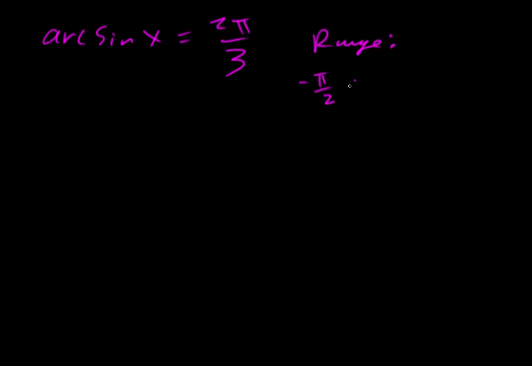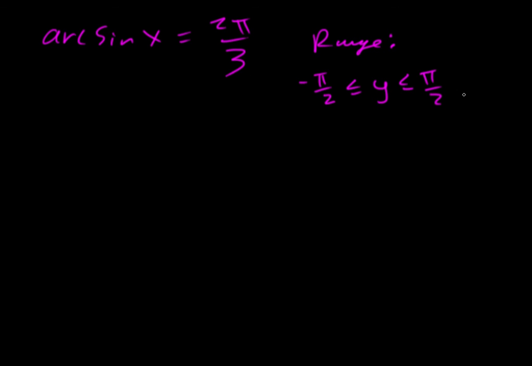And the last one that we're going to do is arcsine x equals 2 pi thirds. So the range is negative pi halves and pi halves. 2 pi thirds is on the outside of this.